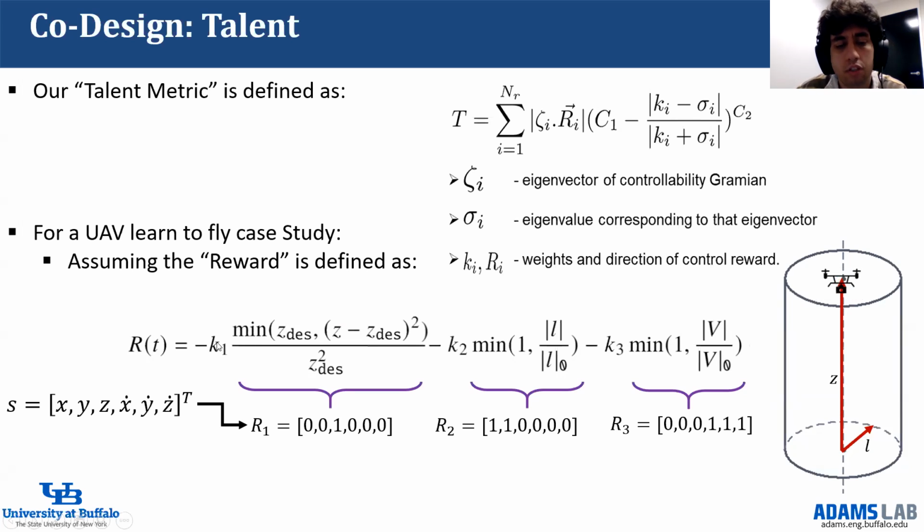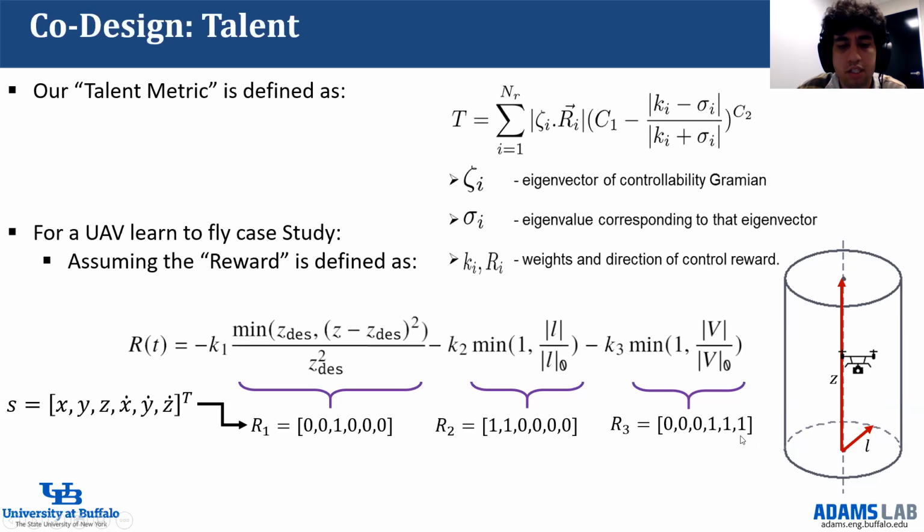If we assume a reward function can be defined as a summation of different terms, with clear understanding of the states to control, then for example, here we are trying to control the Z direction. It's not a linear function, but still we know that we are controlling Z, the third state in the system. Or here it is L, which is X and Y together, so we know it's trying to control both X and Y. And for velocity, we know it's trying to control Vx, Vy, Vz.